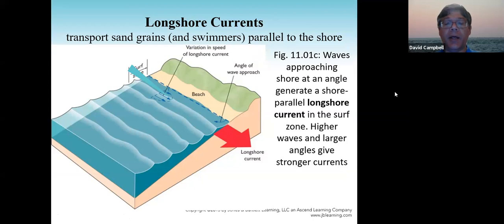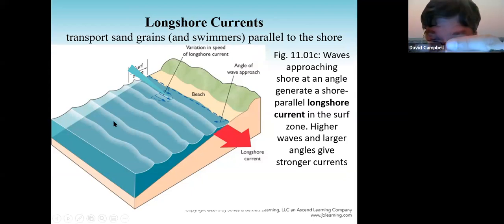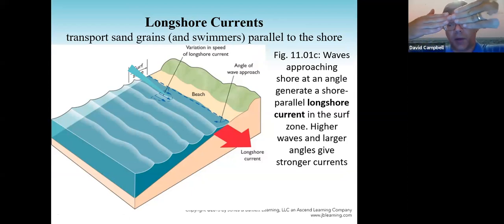Again, as waves are coming in, if they're not perfectly straight on to the beach, but at an angle, as the wave comes in, it's going to swing around and not magically disappear.